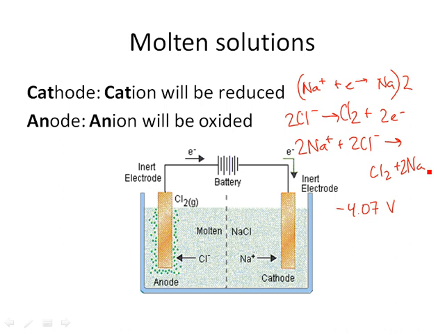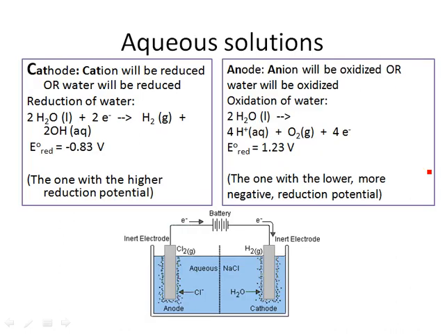So now let's talk about aqueous, or in water. In water, you're now going to have two choices. If it's molten, your cation is reacting at your cathode, your anion at your anode. But if it's not molten, then you got water that could be reacting. So in the aqueous, at the cathode, you'll have your cation or water.